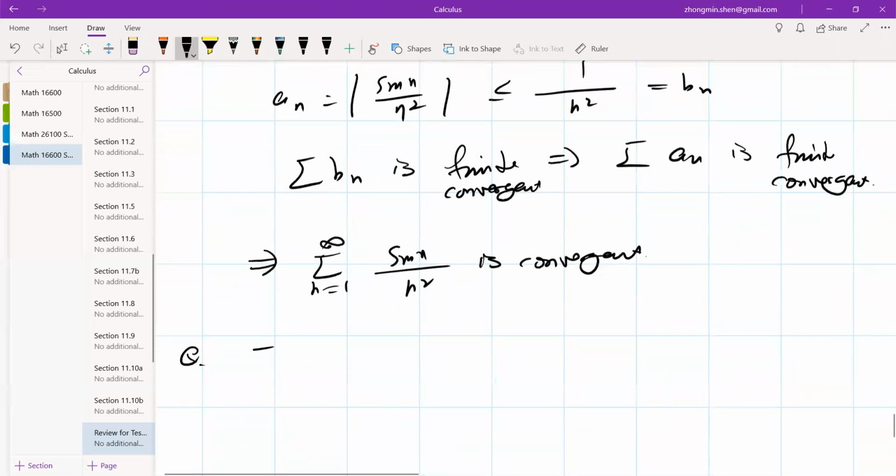Now this method does not work for all cases. Like this one, we don't know. Nobody knows. You cannot see this problem in the textbook, because nobody can prove whether this is divergent or convergent.